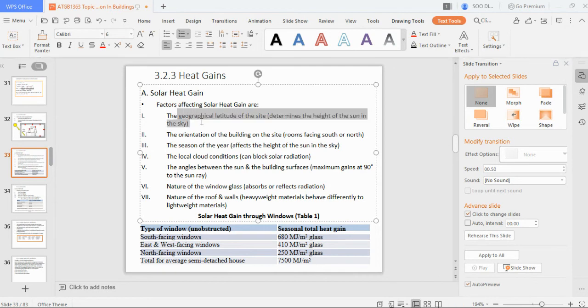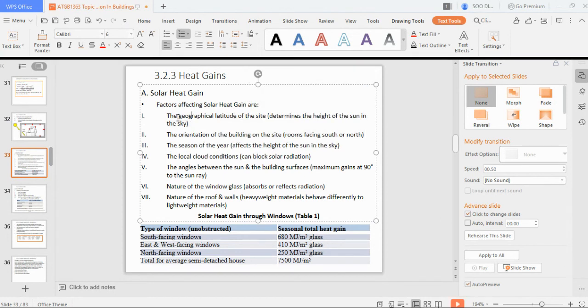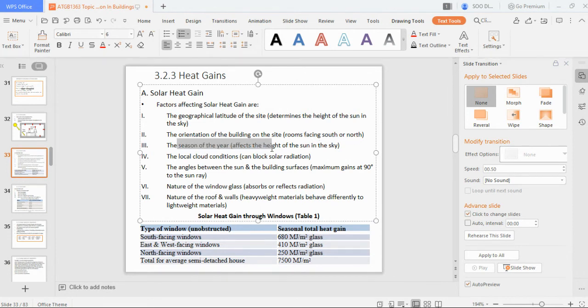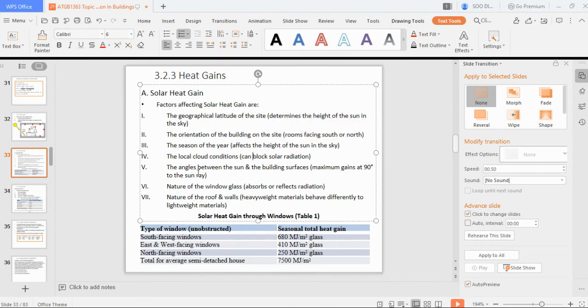So the first four depend on where you are at. So the geographical latitude of the site, orientation of the building, so you are facing north or south, season of the year, local cloud condition.